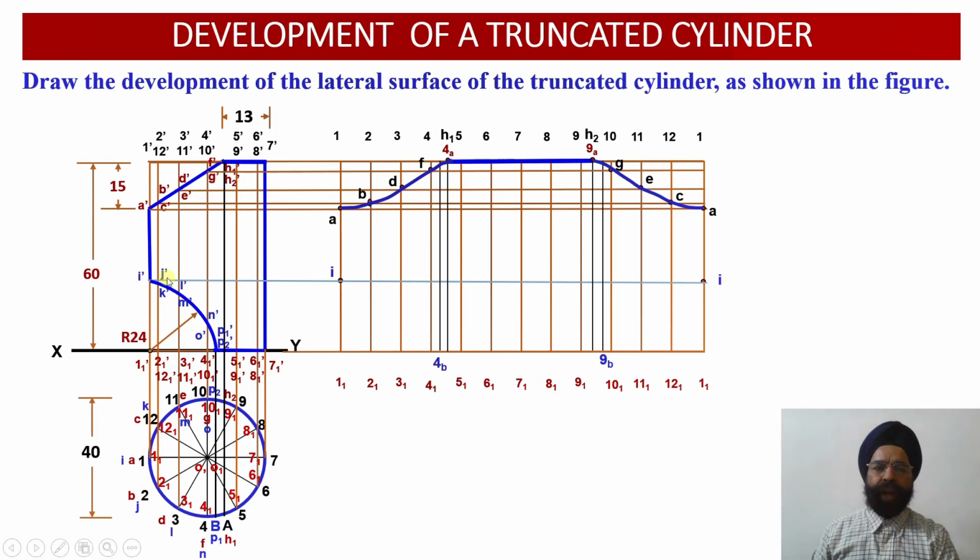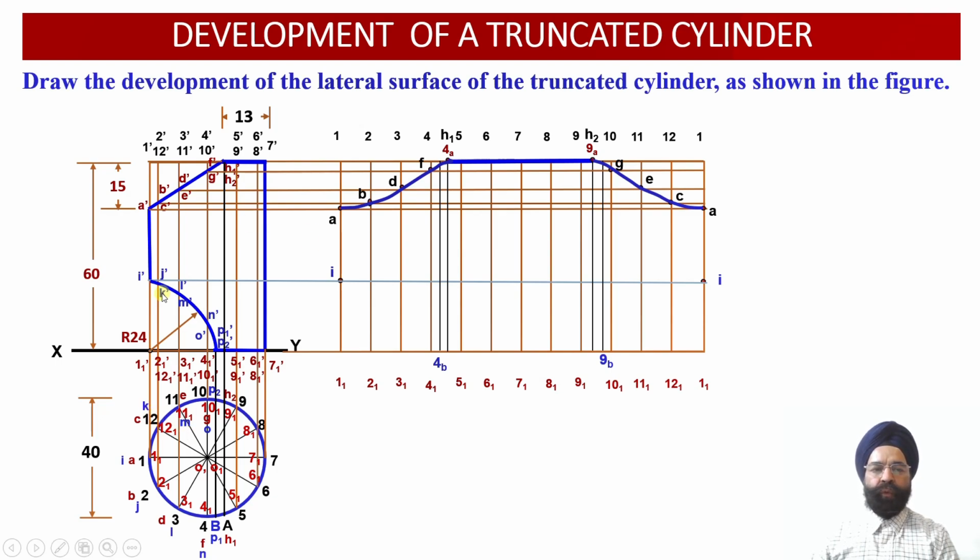Now the next 2 points happen to be J dash and K dash. So J point happens to lie onto vertical generator 2 dash 2 1 dash and K point happens to lie onto the vertical generator 12 and 12 1 dash over here. So we can check, J is going to lie onto vertical generator 2 2 1, K is going to lie onto the vertical generator 12 12 1.